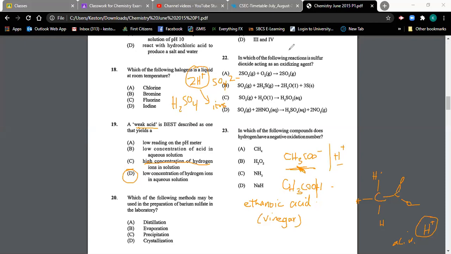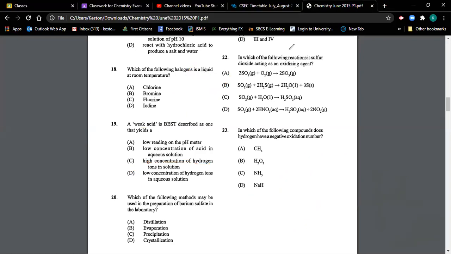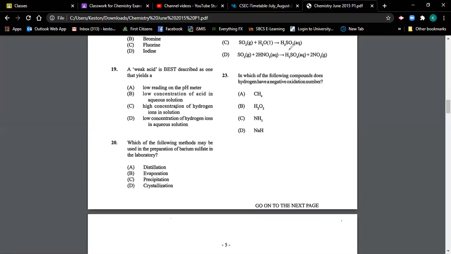20. Which of the following methods may be used in the preparation of barium sulfate in the laboratory? Barium sulfate, I don't think that's soluble.